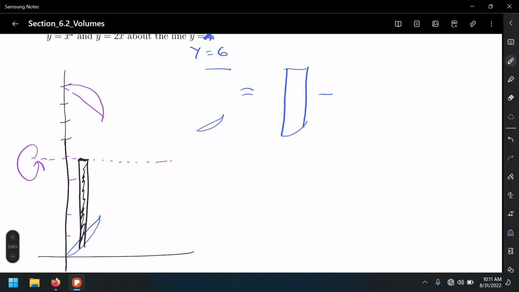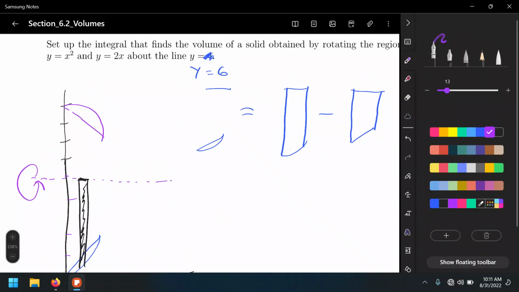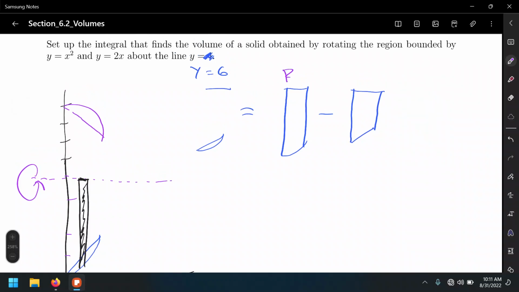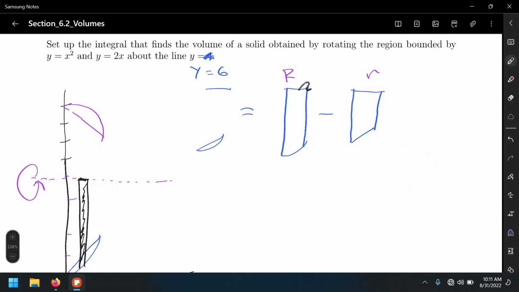Okay, so it's going to be the outermost radius minus this hollow part, and that hollow part is this one right here. So big R and little r.